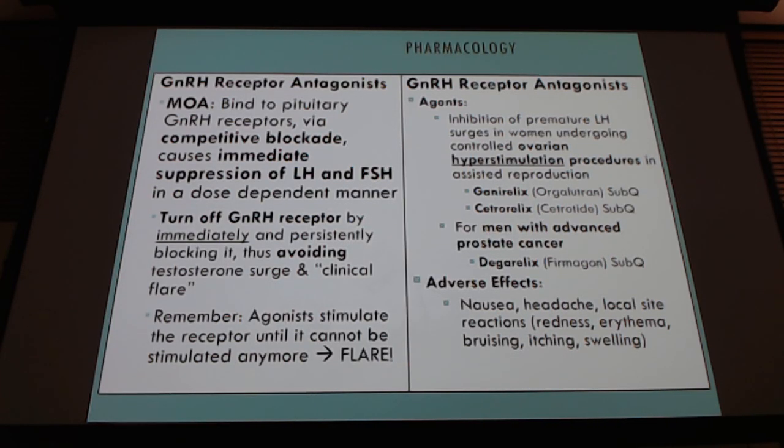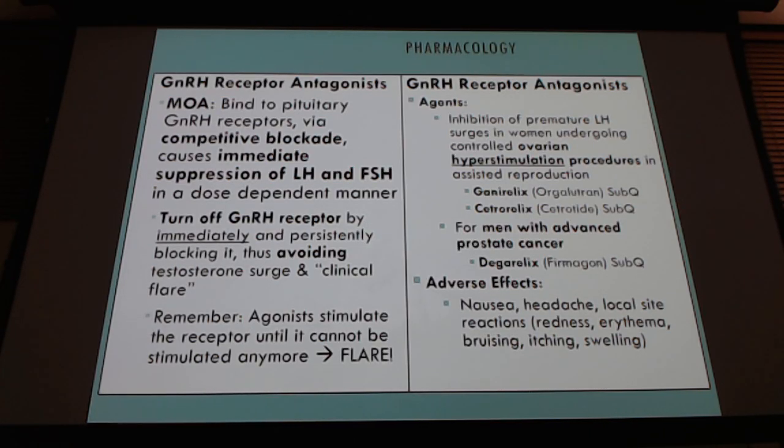Bad idea. When you're looking at your antagonist, so remember when we said our antagonist, does it take a long time to work with my antagonist or is it more immediate? Immediate. Am I seeing a flare when I'm talking about my antagonist or no flare? No flare. So this is essentially what we already talked about. I'm immediately blocking those same hormones that I've been talking about to you this whole time, my FSH and my LH. And I'm immediately doing that.